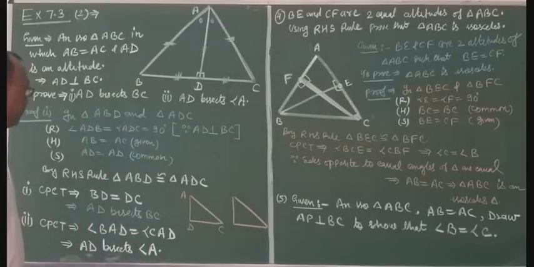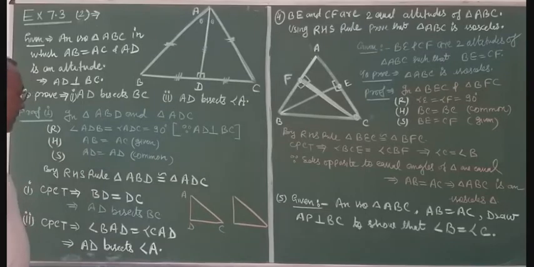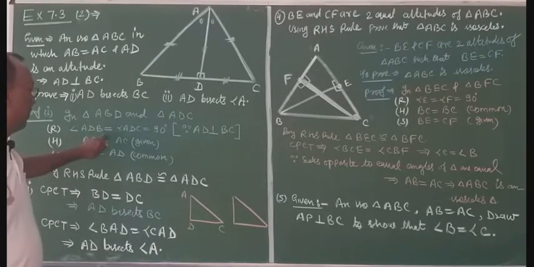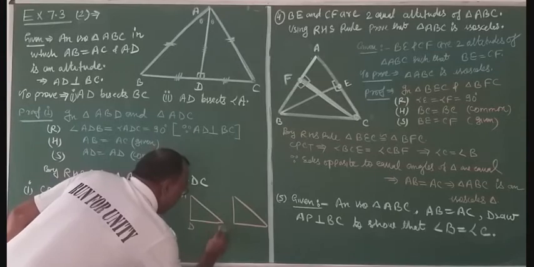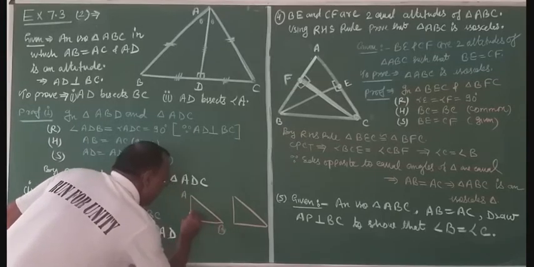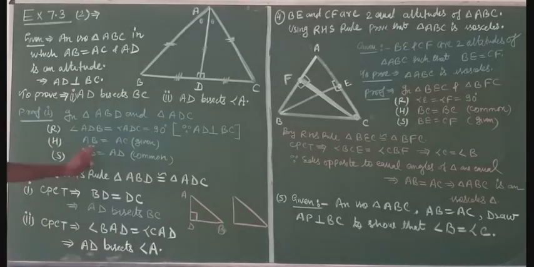Now tell me, what was the first thing? Angle ADB. ADB was 90 degrees. And this angle was equal to the other angle of triangle ADC.